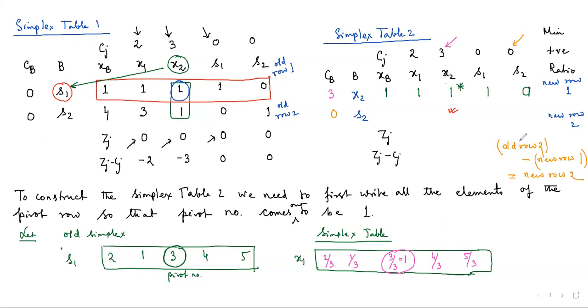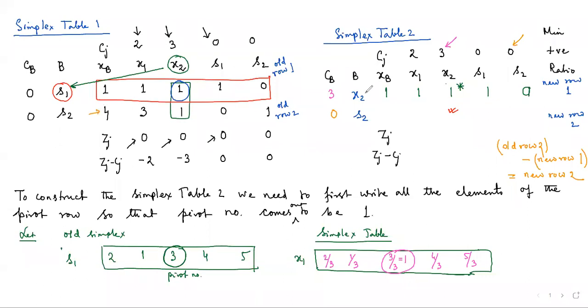And what is going to happen? Just look at this. This is my old row 2. This is my new row 1. I am going to subtract new row 1 elements from old row 2 elements. So just stay with me.